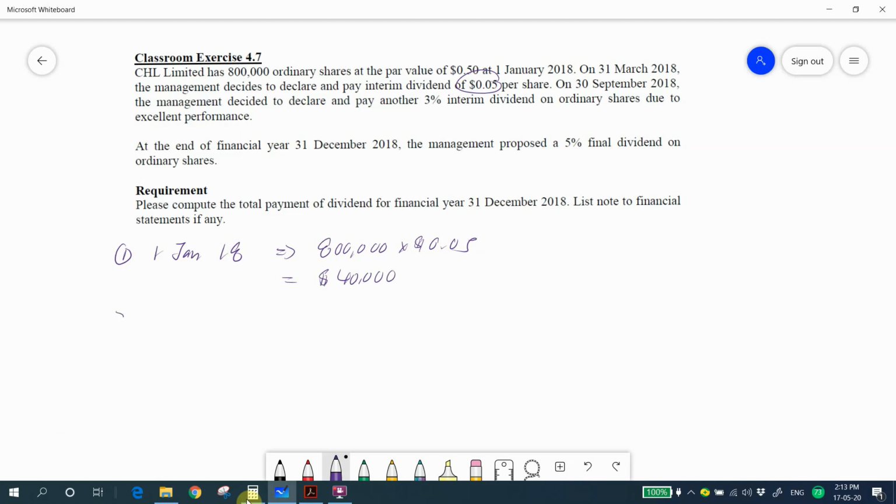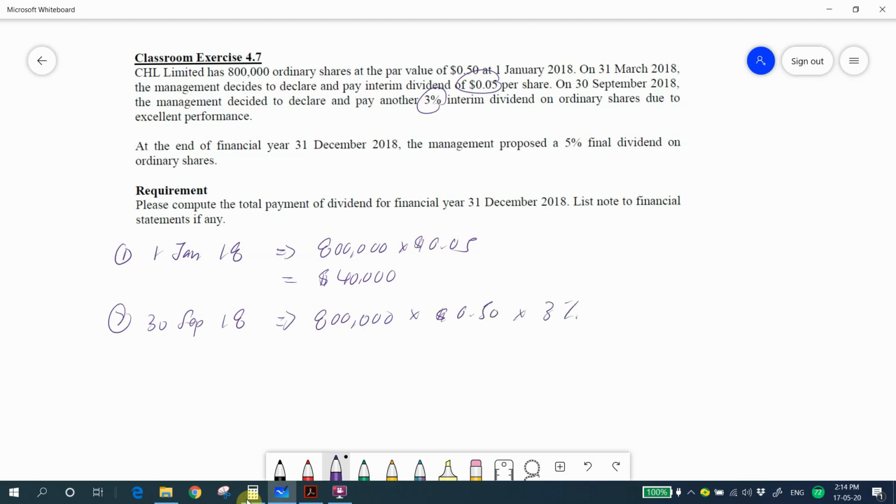Next payment of dividend is on 30th September 2018. This is based on 3%. So class, when you have a percentage, instead of using the number of share, you also need to include the par value.